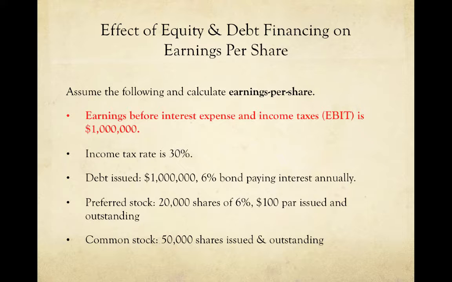We have 20,000 shares of 6%, $100 par preferred stock issued and outstanding. And keep in mind that 6% represents the dividend on the preferred stock. Remember, 6% of $100 is a $6 dividend for every share of preferred stock. And we have common stock. We have 50,000 shares issued and outstanding. We would need all this information to calculate earnings per share.